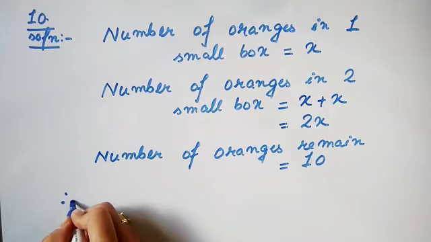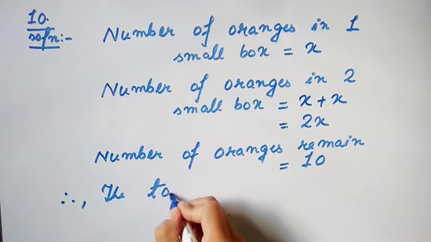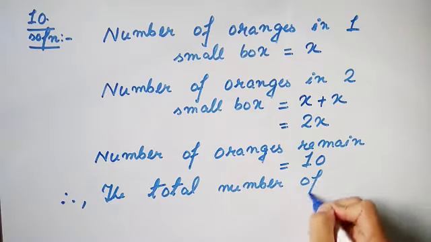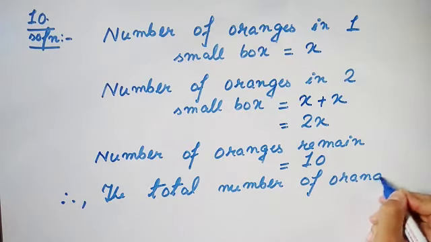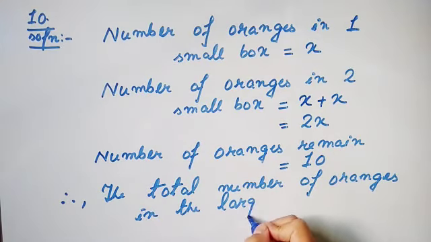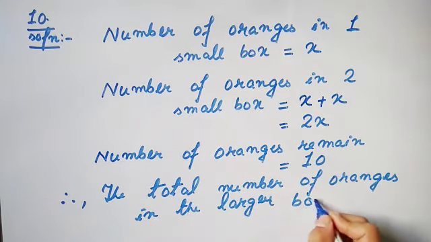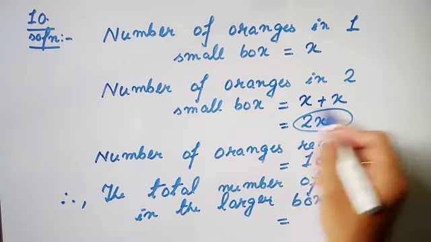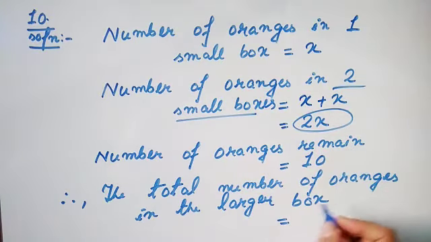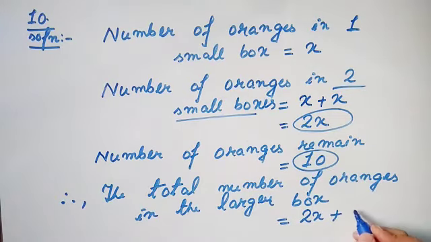So the last statement will be: therefore, the total number of oranges in the larger box will be given by the number of oranges in two small boxes, that is 2x, plus the number of oranges still remain, that is 10.